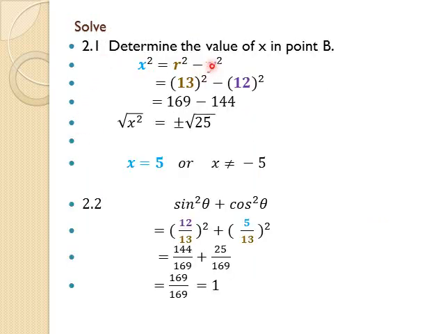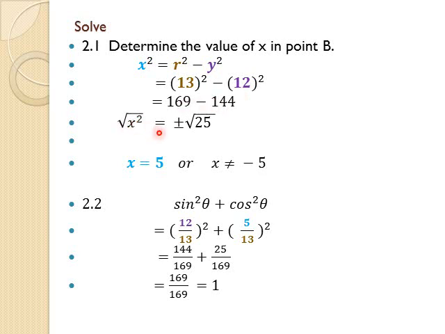So determine the value of x in the point. x squared is the shorter side, so it will always equal the longer side, r squared, minus the other shorter side, y squared. So r was given as 13 and y is 12. 13 squared, 169, minus 12 squared, which is 144, gives me 25.